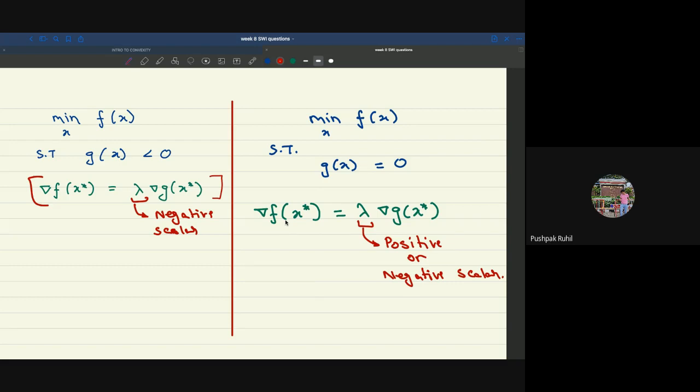Let me see. I guess we can settle for this left hand side equation itself in that particular case.